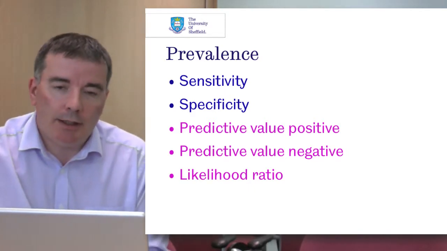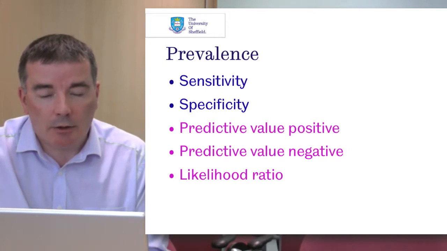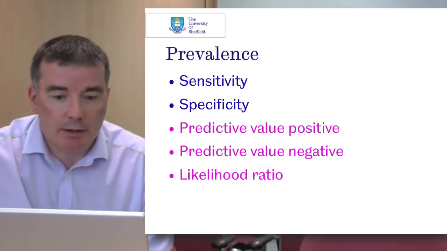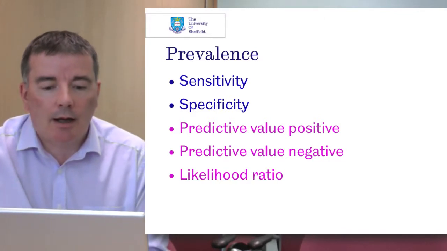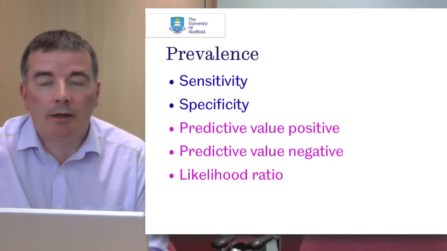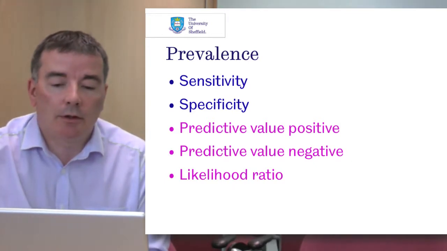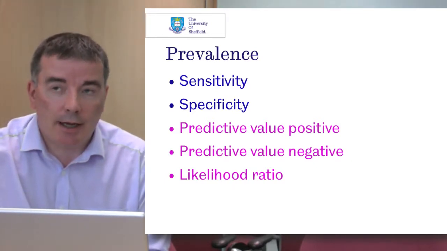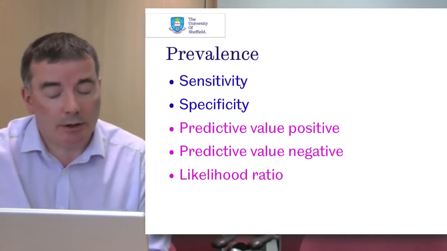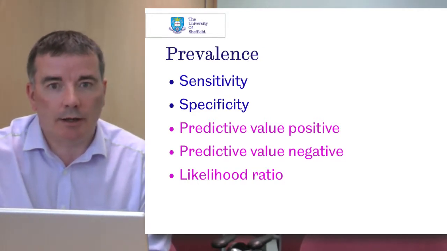Although, as we will see, these are created from the same grid, these terms are affected by the prevalence of the disease and actually do tell you the likelihood that the person you're testing actually has the disease. And I will explain that more in the next few slides.